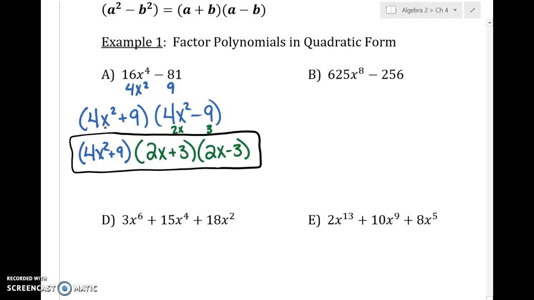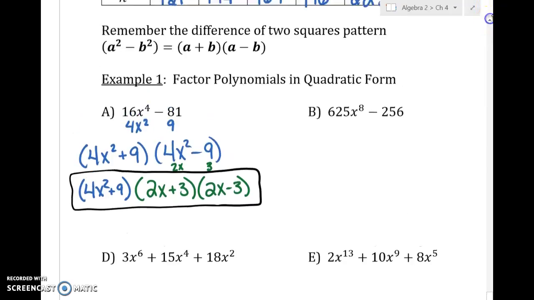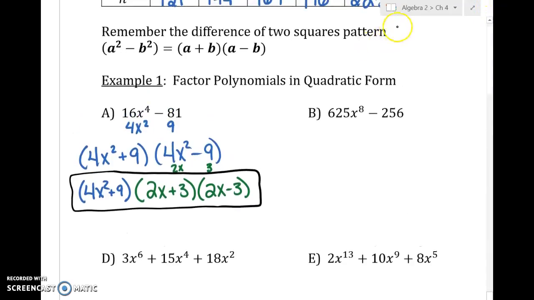The other one won't factor because it's 4x squared plus. And we don't have a sum of two squares. We have a sum of two cubes. We don't have a sum of two squares. So the things that you need to check for, and this is actually a good time to bring this up, once you've factored the first time, check to see if you have x squared minus, you probably aren't done.